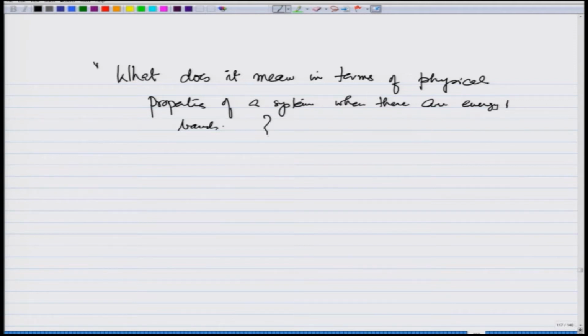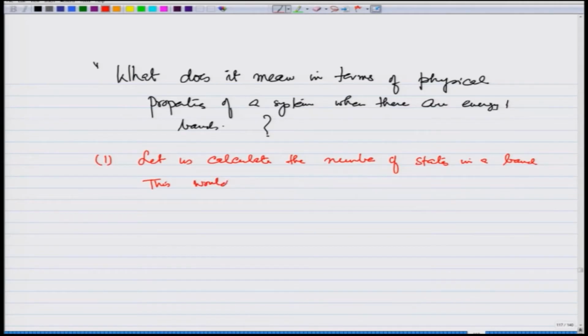For that, first let us calculate the number of states in a band, and this would also give us the number of electrons in a band.